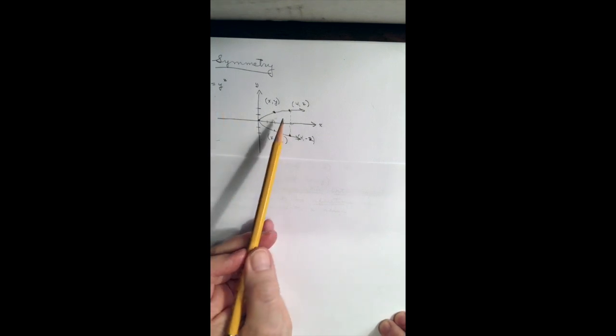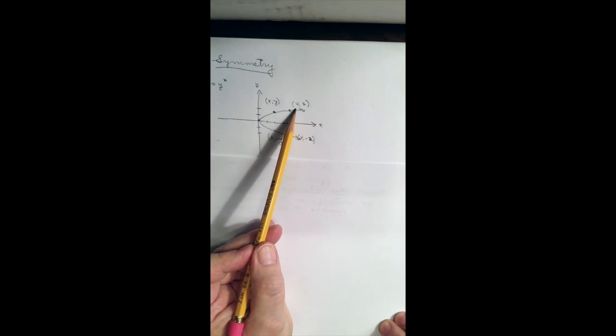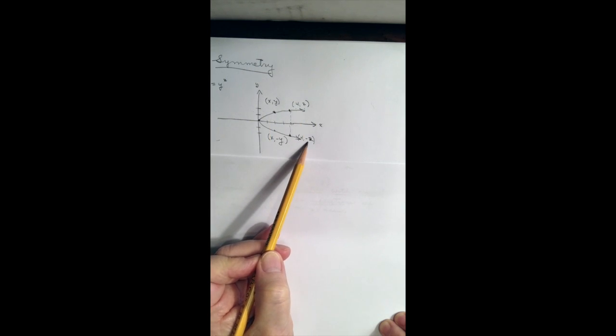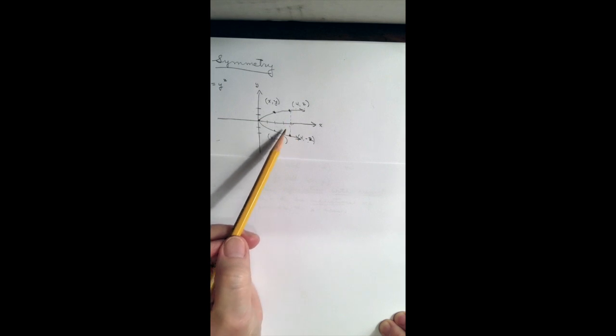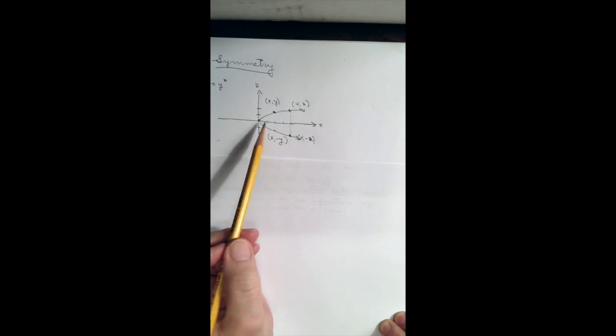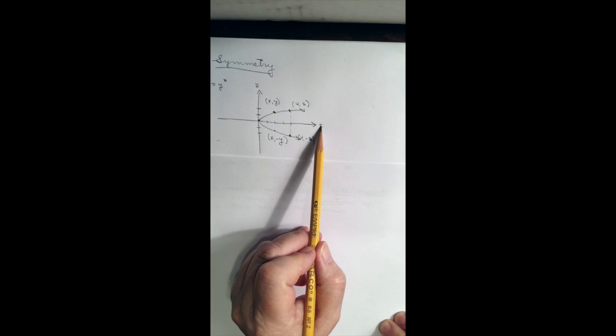The first thing we want to look at is the graph of x equals y squared. And if we compare the point (4, 2) and (4, -2), we see these are reflections of each other across the x-axis.